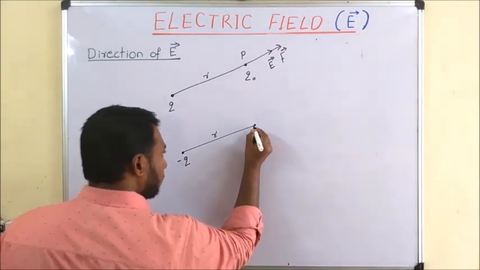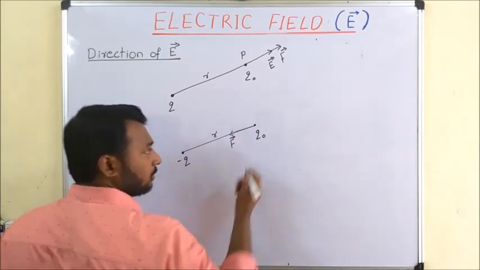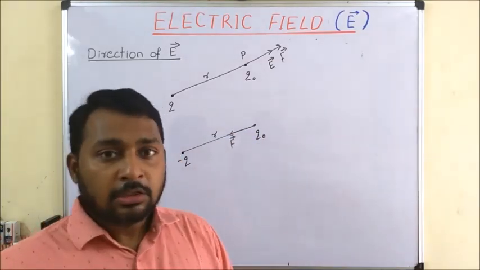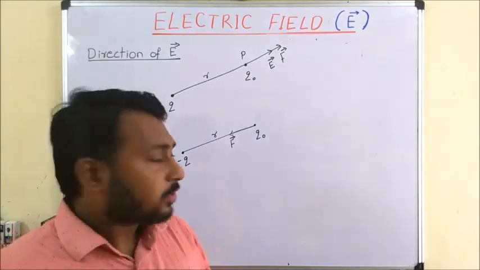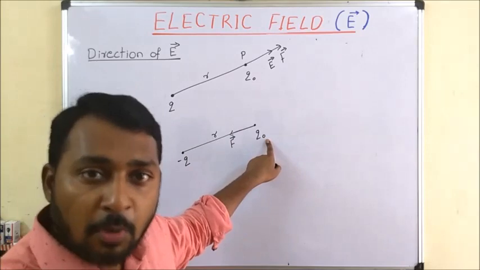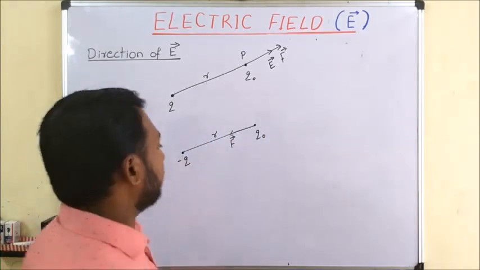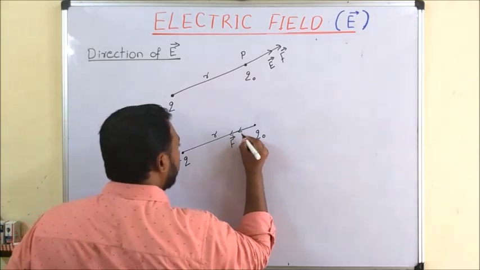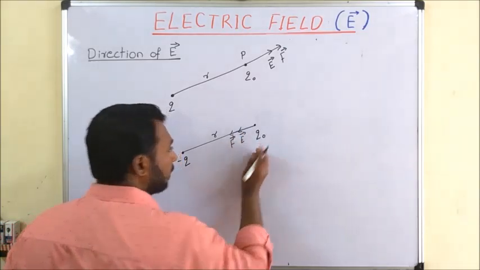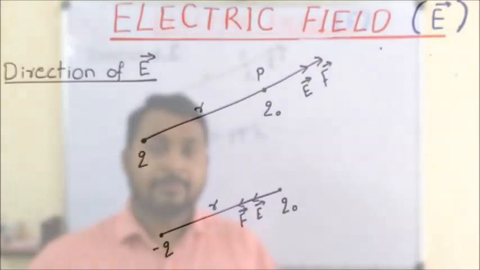So the direction of force will be this. Clear? What is the direction of force on this positive test charge Q naught? The same will be the direction of electric field. So here the electric field will be in this direction.